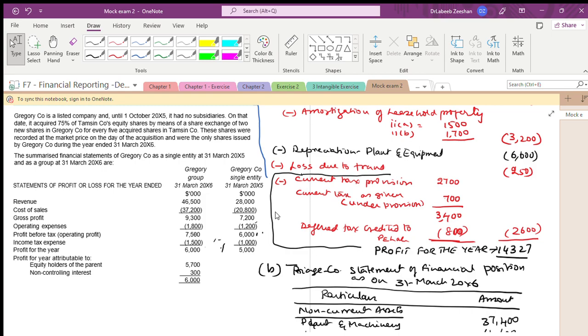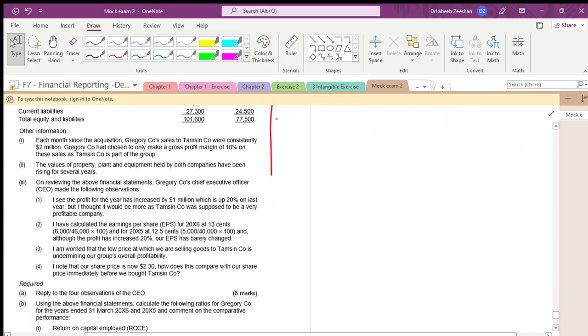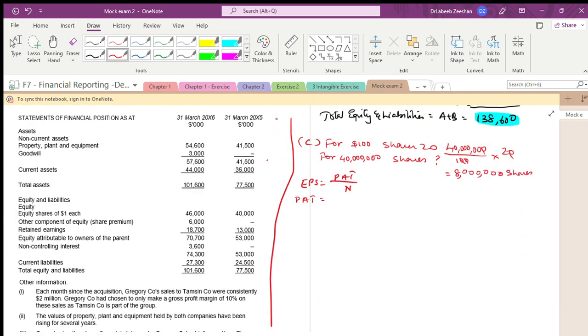14,327. Profit after tax, current year, is 14,327. Now, when you convert the bonds into shares, what happens?